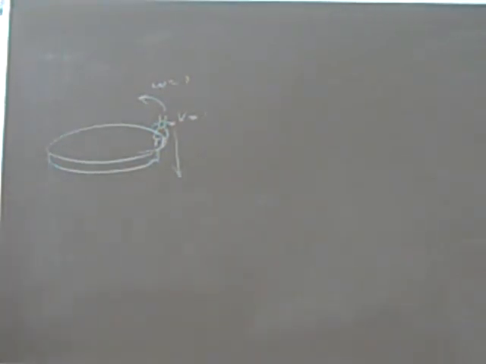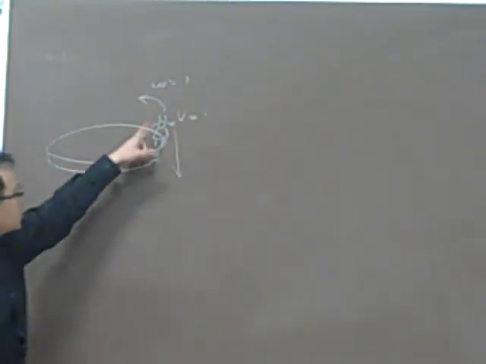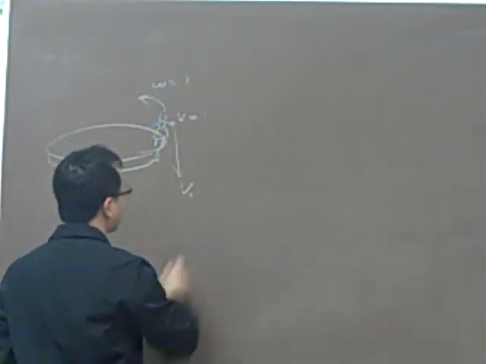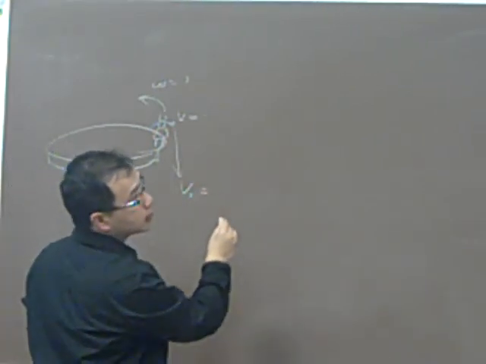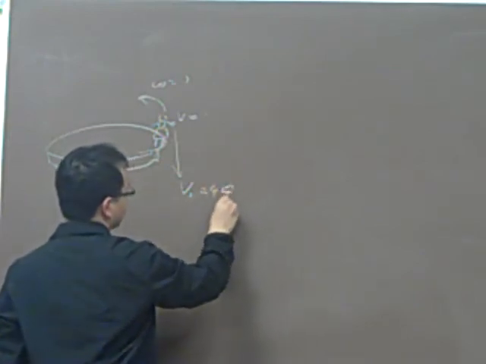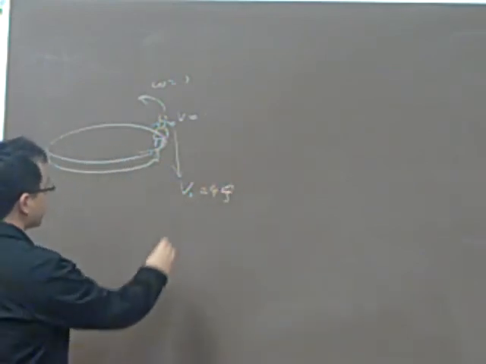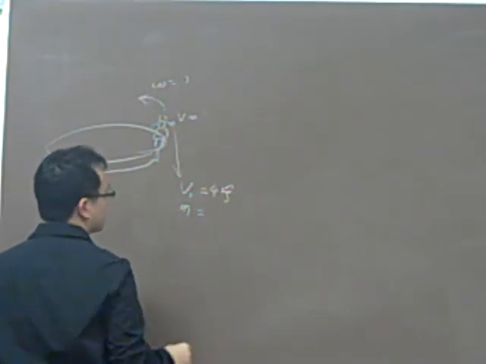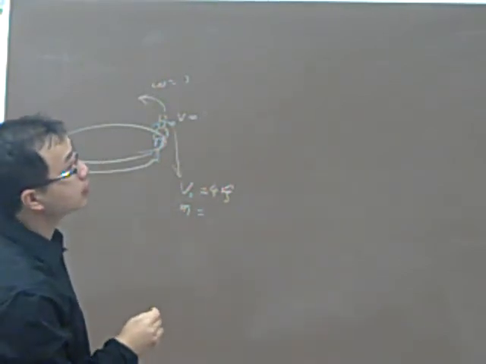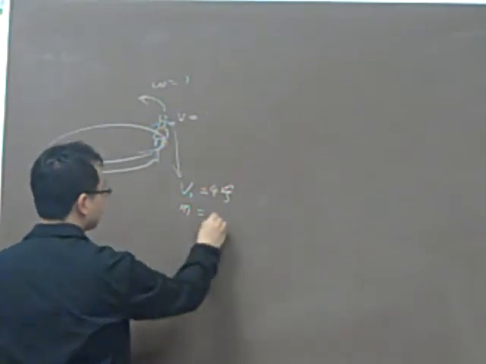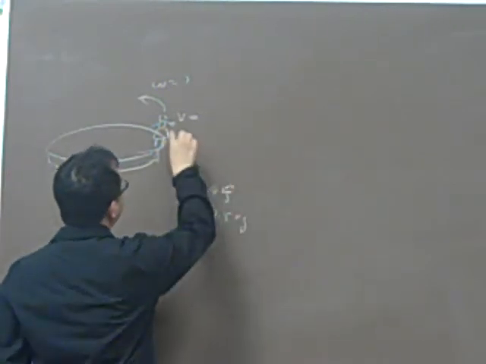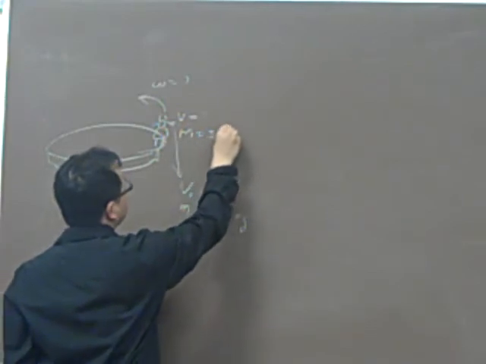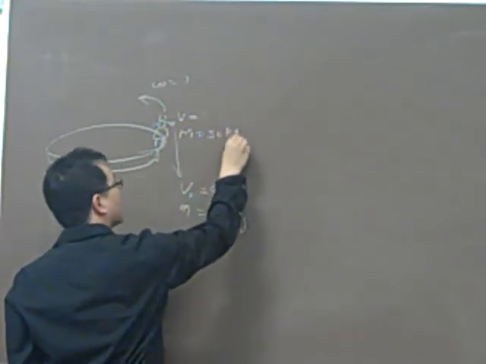So what we know is that the speed of the rock is 4 meters per second, and the mass, let's call it small m, is 0.5, and the capital M, the mass of the girl, is 50 kilograms.